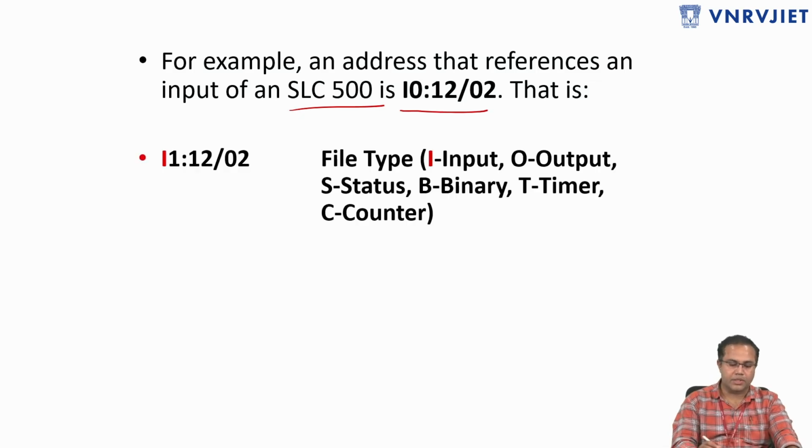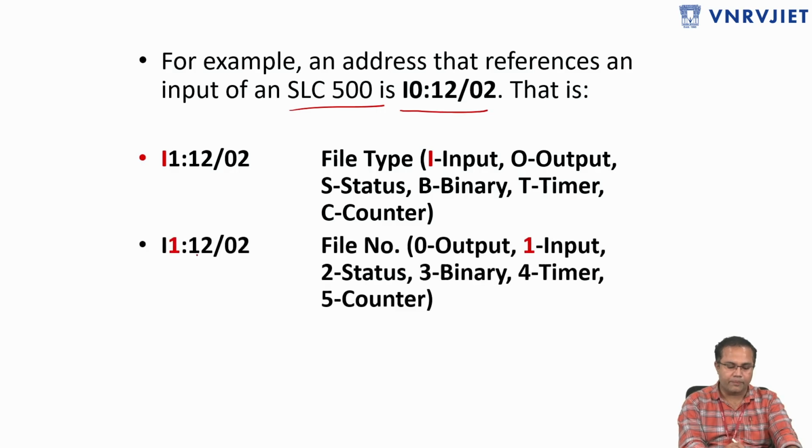First, as I mentioned, I represents input, so this address belongs to an input terminal, that's for sure. Next, the digit 1 is the numerical representation of input and output, so 1 is for input. With these two digits, it's confirmed that this address belongs to the input, and numerically it is confirmed as well.